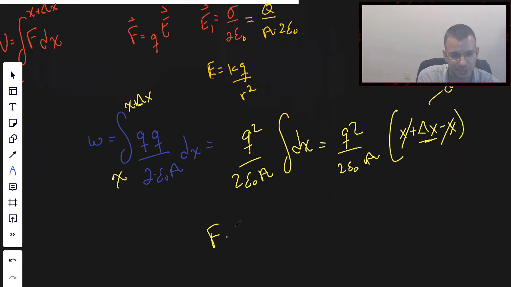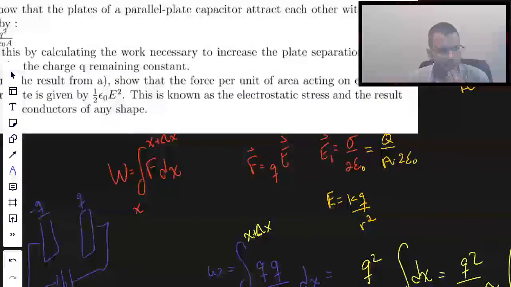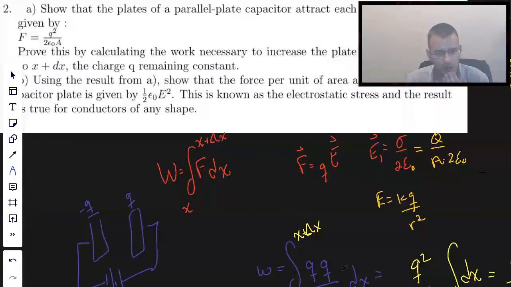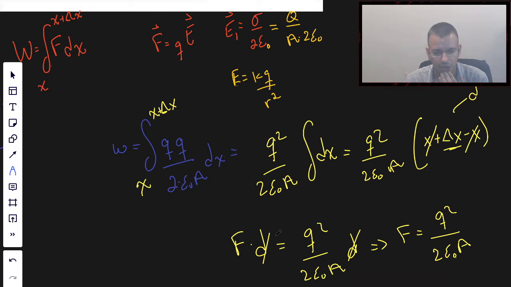Yeah, I'm going to say work is force times distance, and that's for uniform force, which we have here, equals q squared over 2 epsilon naught A times D. The D's cancel, and we're left with force equals Q squared over 2 epsilon naught A. They might have had a different idea of how we're supposed to solve this, because the whole part of doing work was kind of superfluous here: multiply by D and then cancel it out.